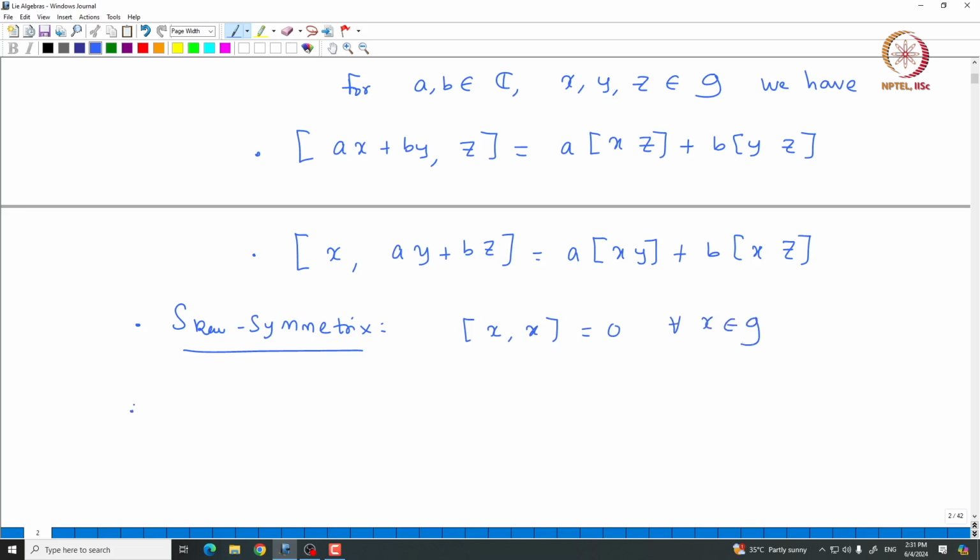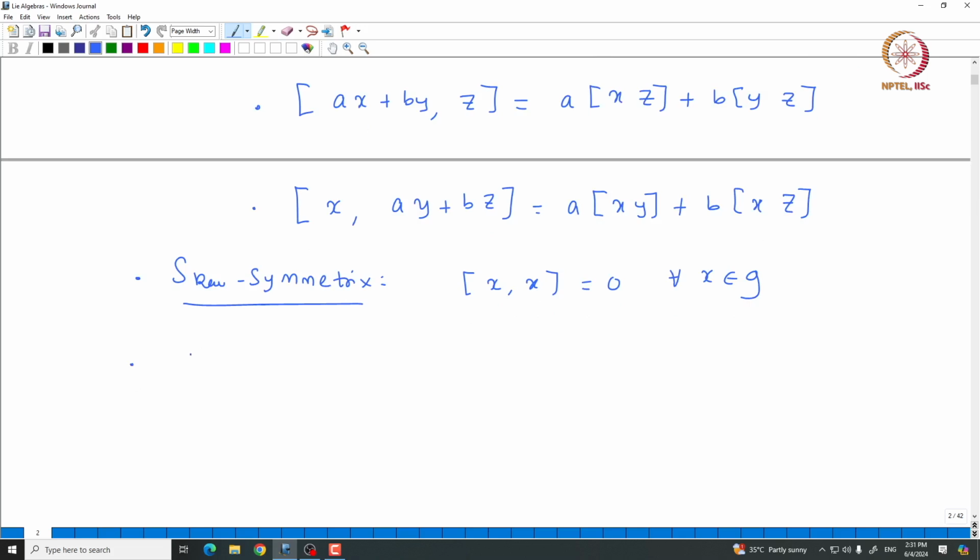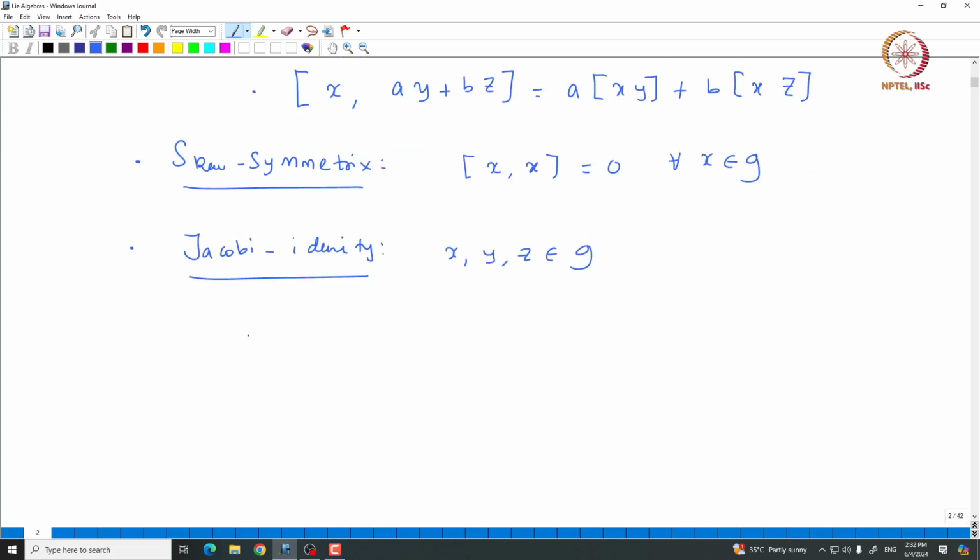And the last condition, which is the more important condition, is called the Jacobi identity. The Jacobi identity says whenever we take three elements x, y, z from the Lie algebra G, then the bracket x, y, z plus the bracket y, z, x plus the bracket z, x, y must be 0.